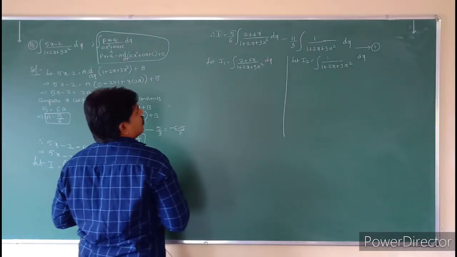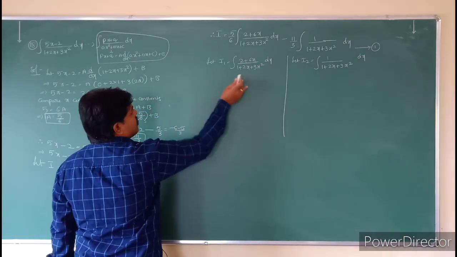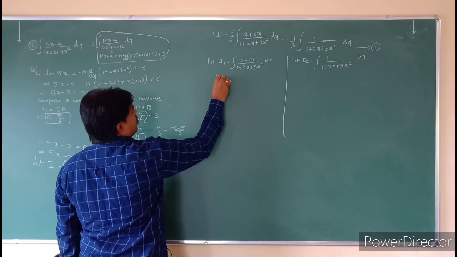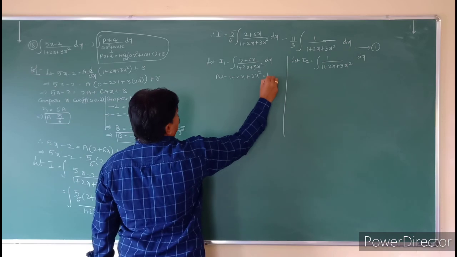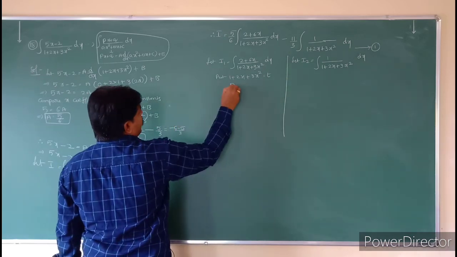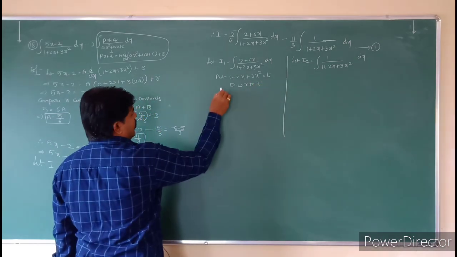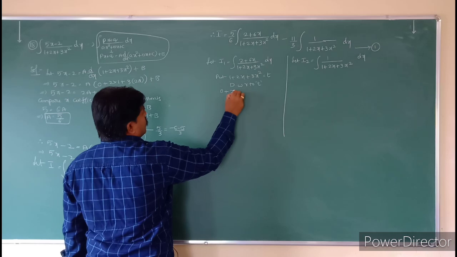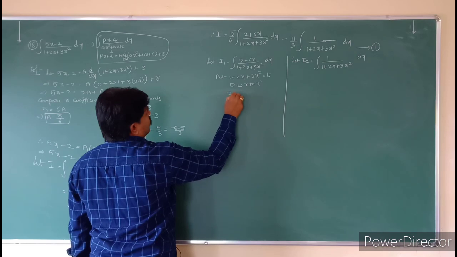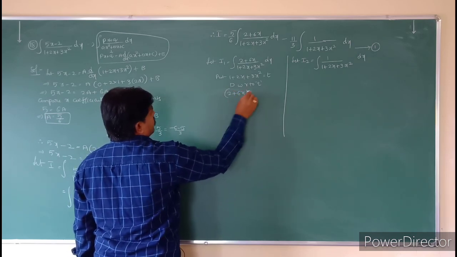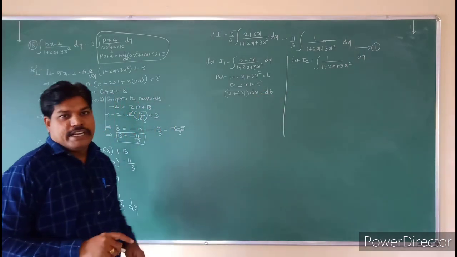Here the derivative of 1 plus 2x plus 3x square is in the numerator. Yes or no? So that's why I will put 1 plus 2x plus 3x square equal to t. Differentiating, 0 plus 2 into 1 plus... you can write directly, the derivative of 2x plus 3x square is 2 plus 6x, into dx is equal to dt.